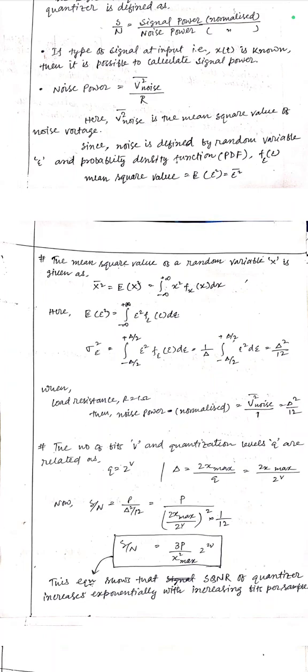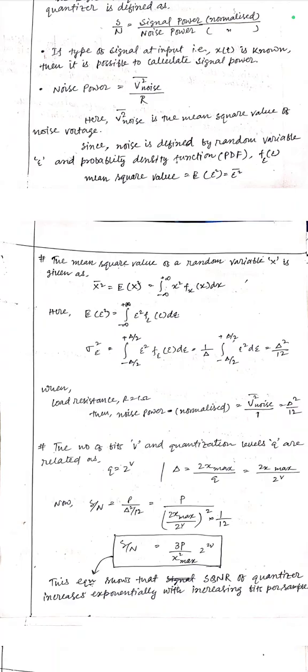And when we take the load resistance as 1 ohm, the noise power will be V noise square by 1, the load resistance being 1, so the value will be the same, which is delta square by 12.